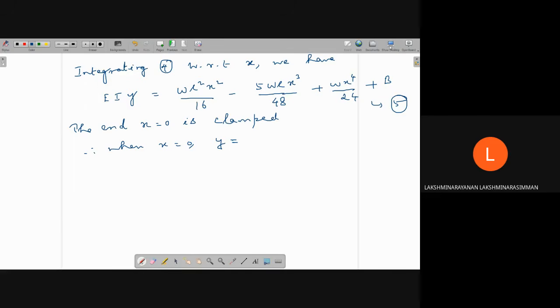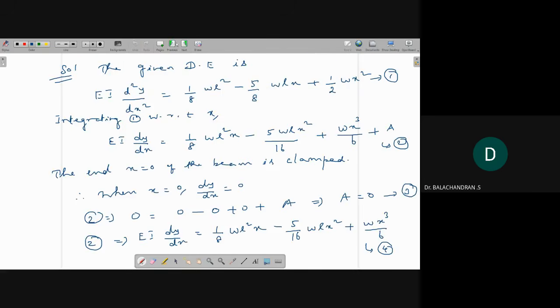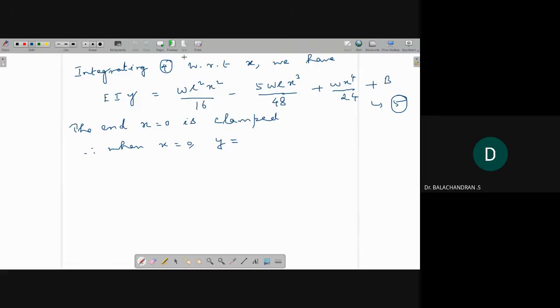I'm asking the condition when x is equal to 0. I think here we used one condition when x is equal to 0, that this end is clamped or fixed, first derivative 0. Similarly, I'm asking the end of x is equal to 0, y is what?